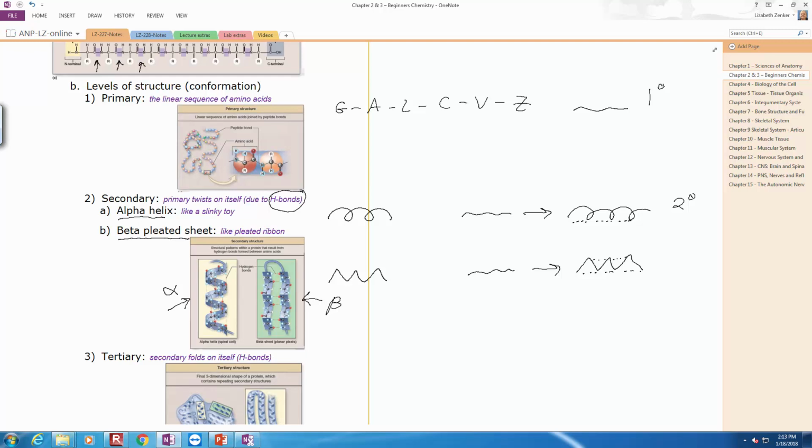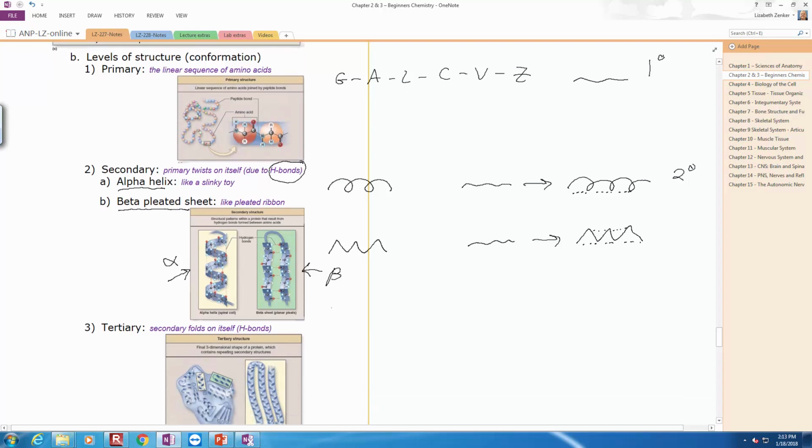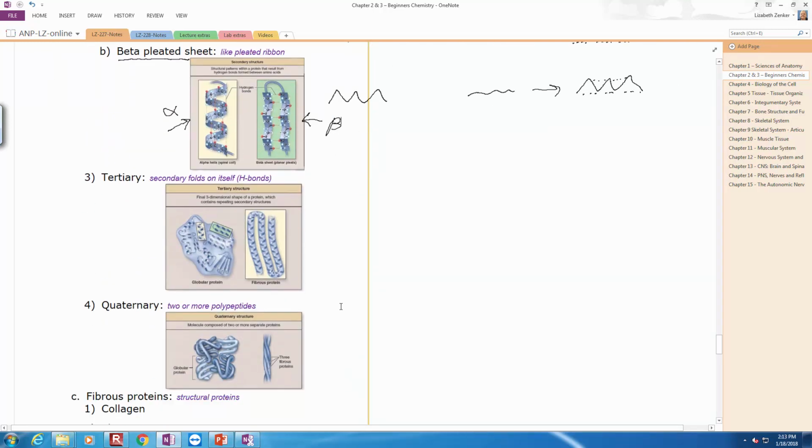And what else do I want to tell you? From there, after secondary structure, there end up being still other polar areas that can still form more hydrogen bonds or other covalent bonds and things like that. And it can further fold the protein again into another shape. And that's when we get tertiary structure. So here's tertiary.